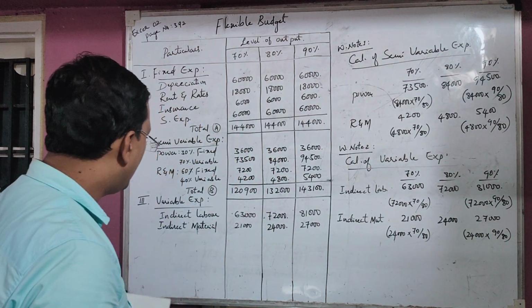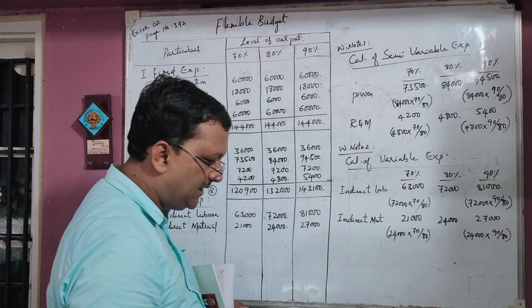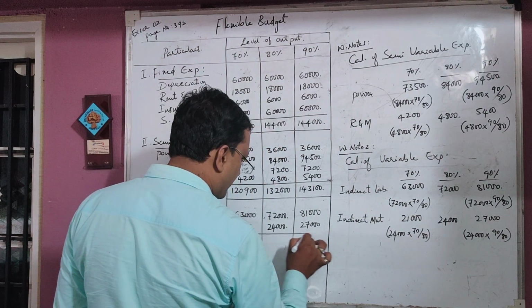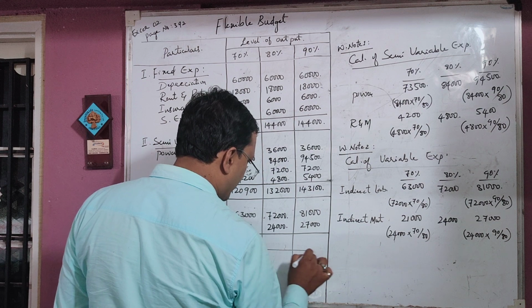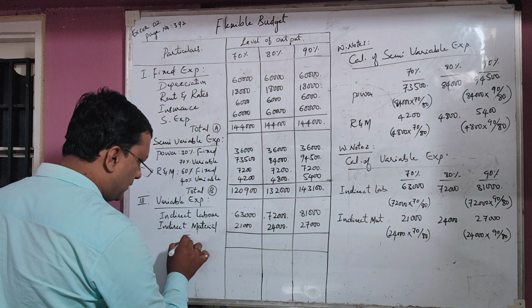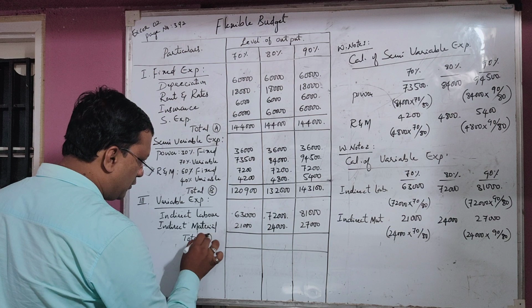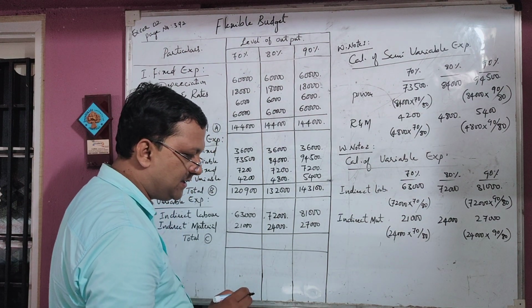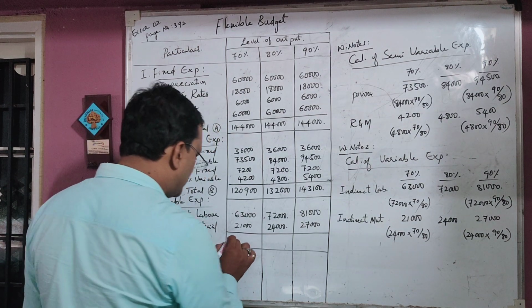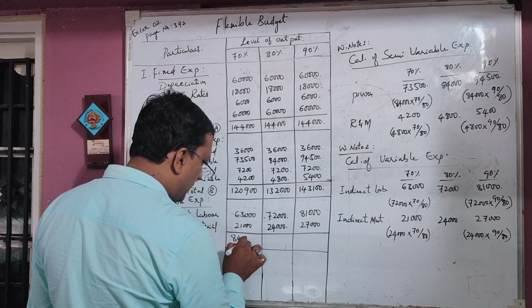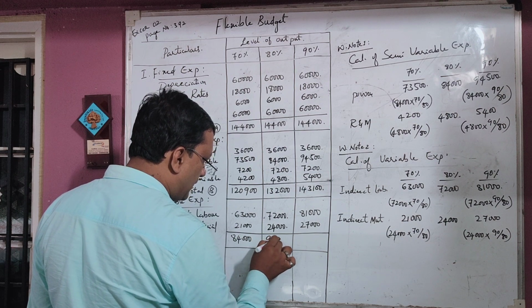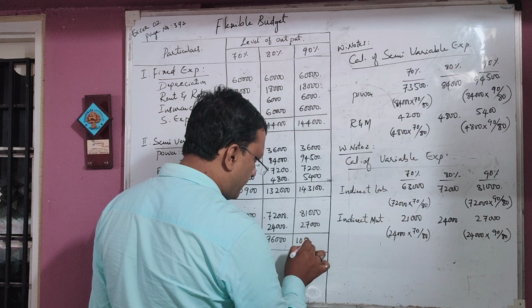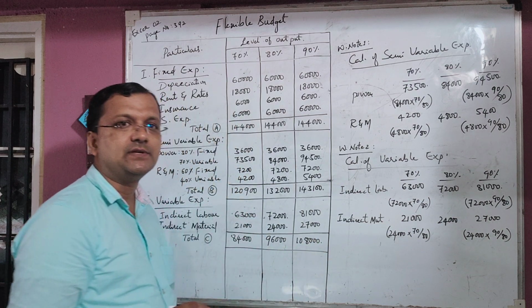Next, make the total of variable expenditure, the last point, total C. Total C is 84,000, 96,000, and 1,08,000.